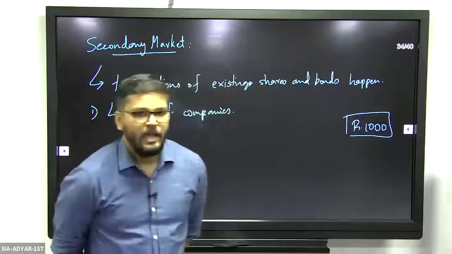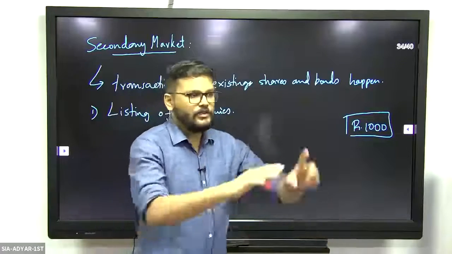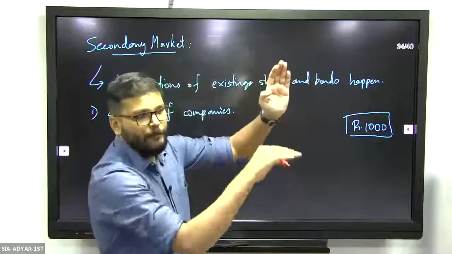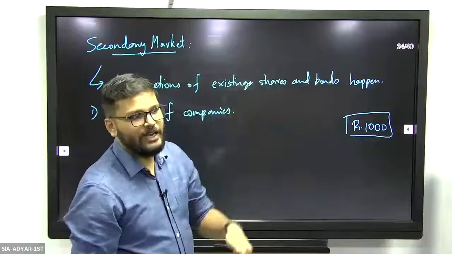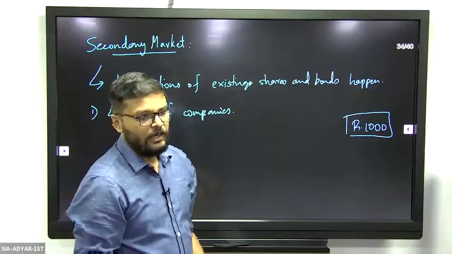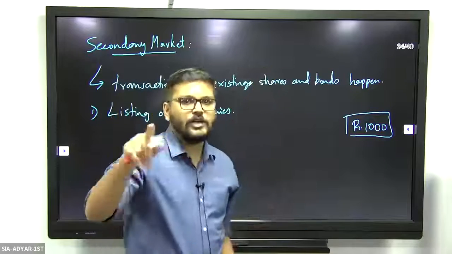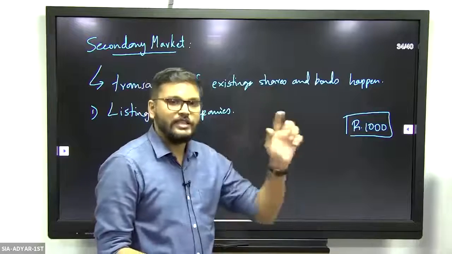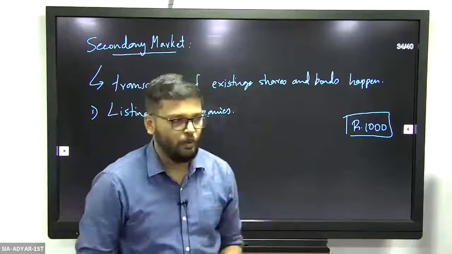Listing of companies means that the stock exchange will have a list of companies whose shares can be traded there. Only if you are registered with that particular stock exchange can that company's shares be sold over there.